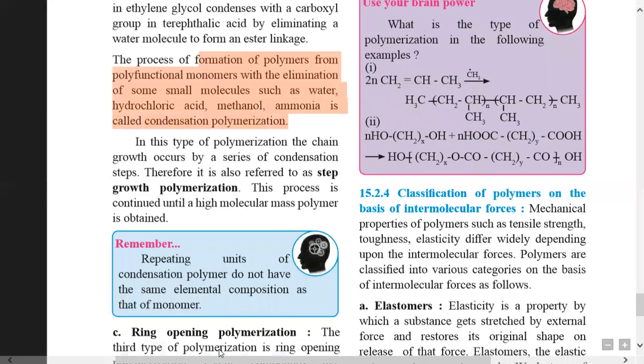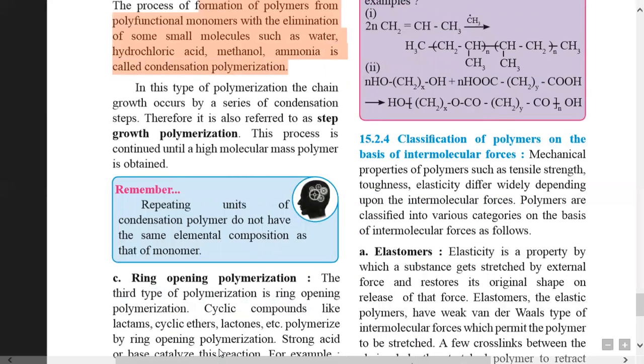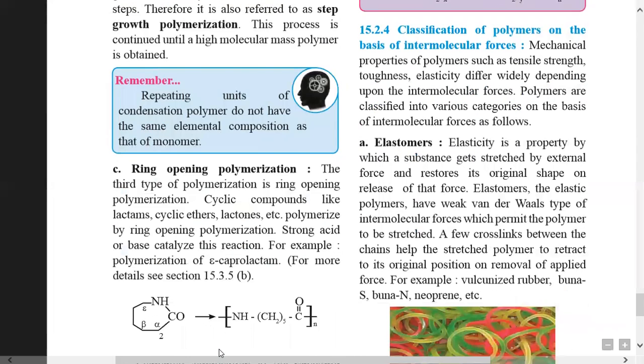This is called condensation polymerization. This is also called step growth polymerization, and step growth polymerization gives a high molecular mass polymer.